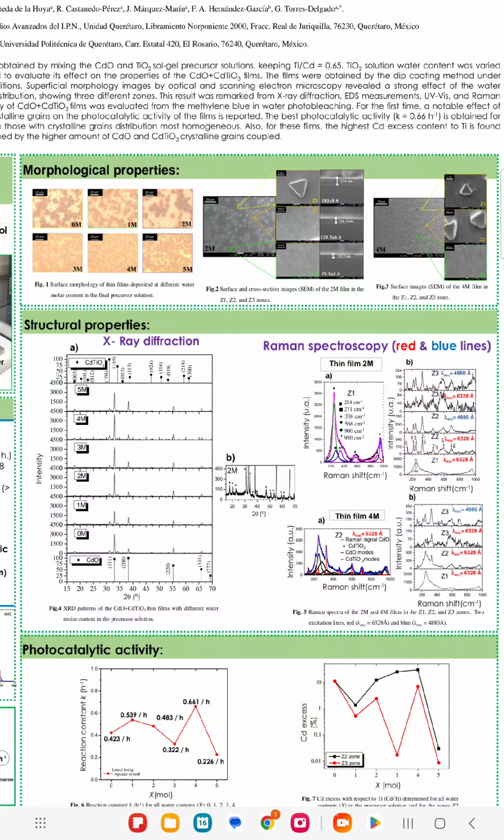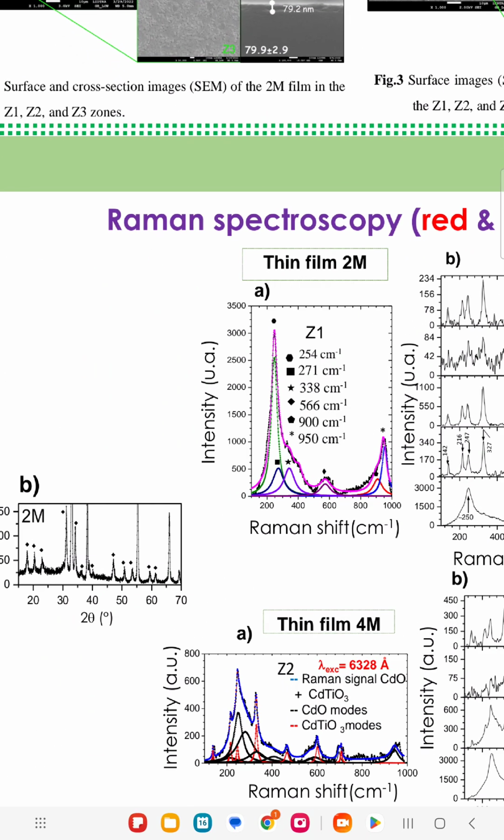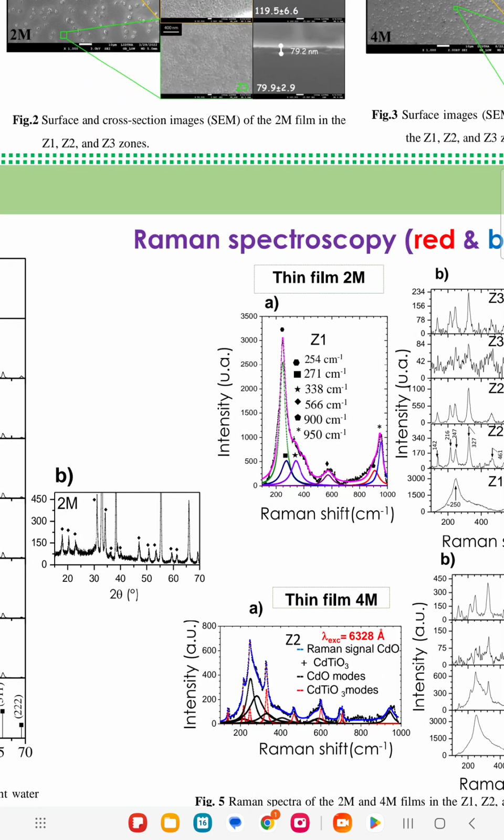In figure A we can see the convolution of this spectrum, and we can observe 6 different vibrational modes corresponding to cadmium oxide. So we confirm here that these grains segregated on the surface correspond to cadmium oxide.